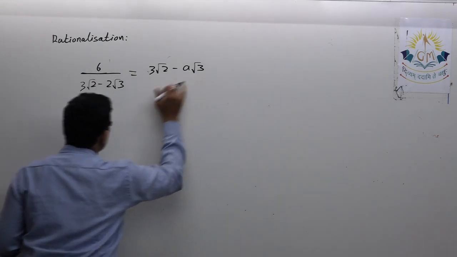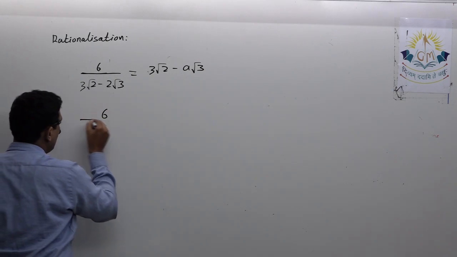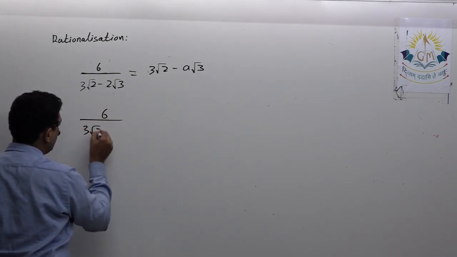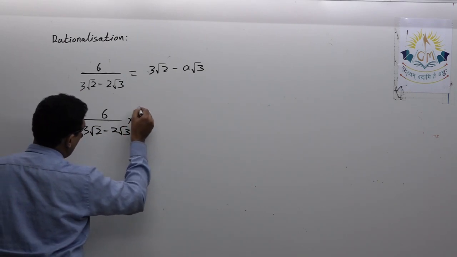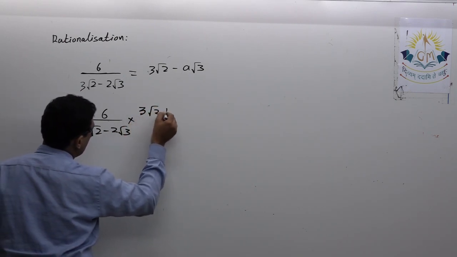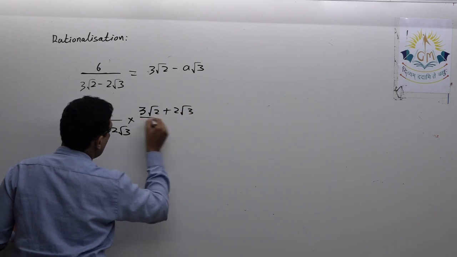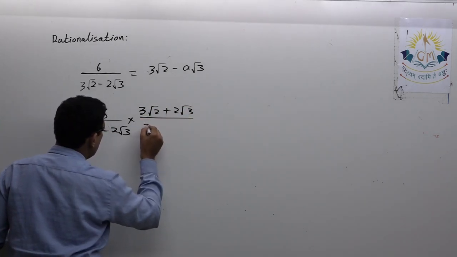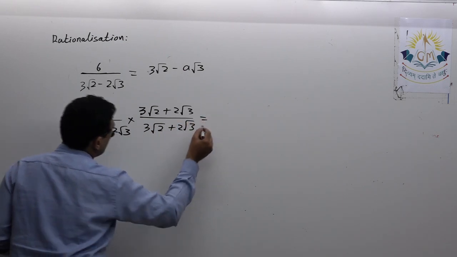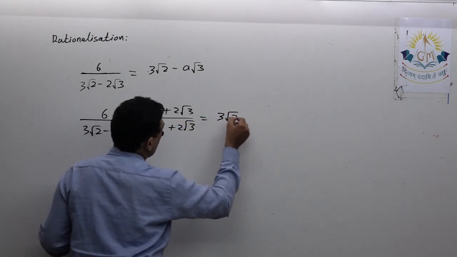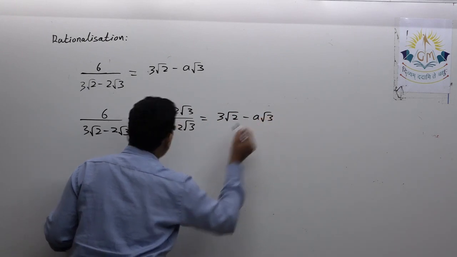So we'll start with the same, we'll rationalize the denominator. For that we'll multiply the numerator and the denominator by the conjugate of the denominator, and as this is equal to 3 root 2 minus a root 3, I write it as it is.